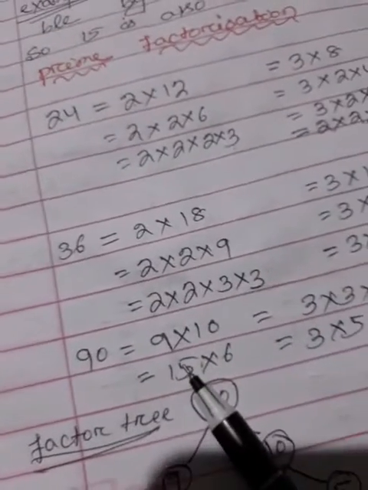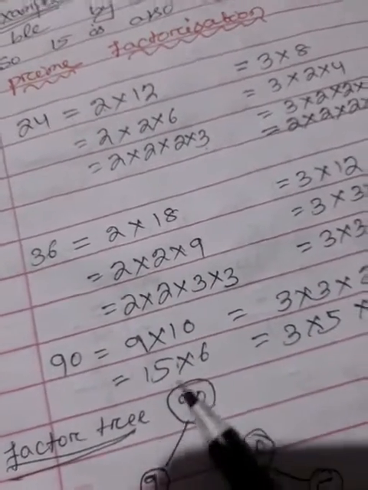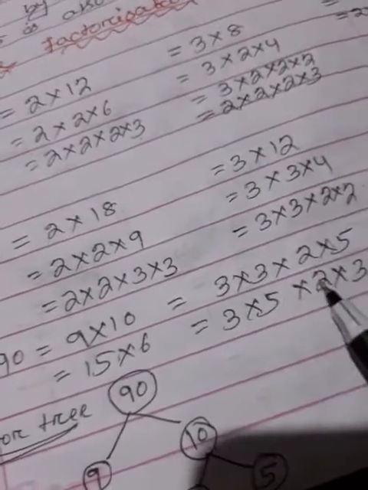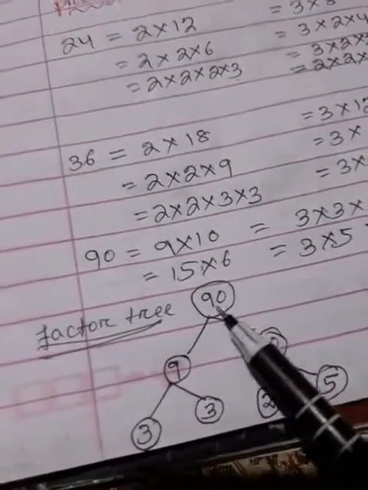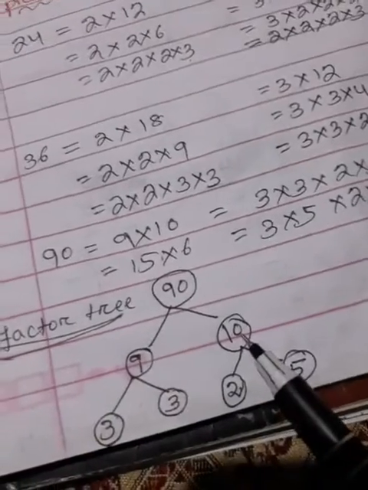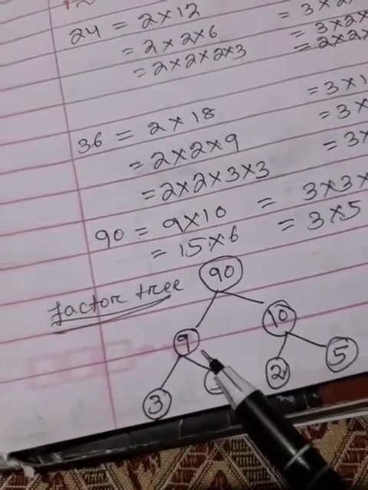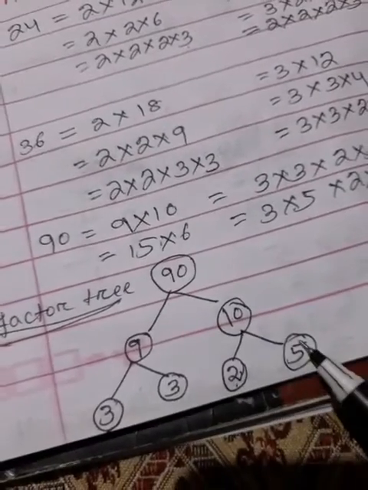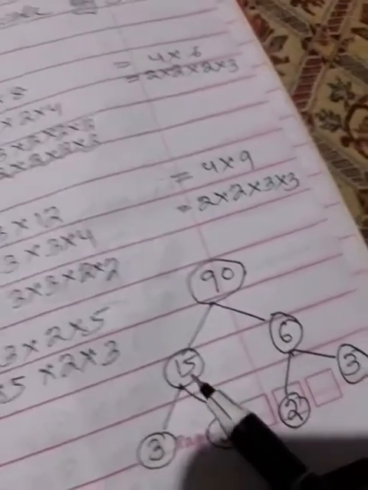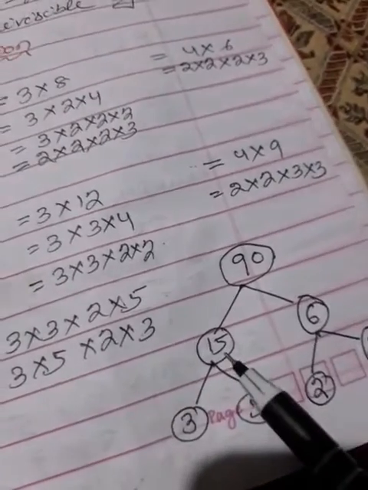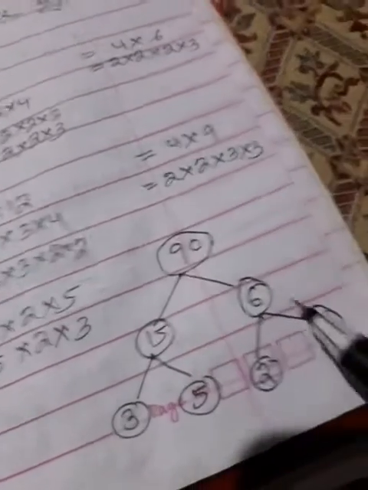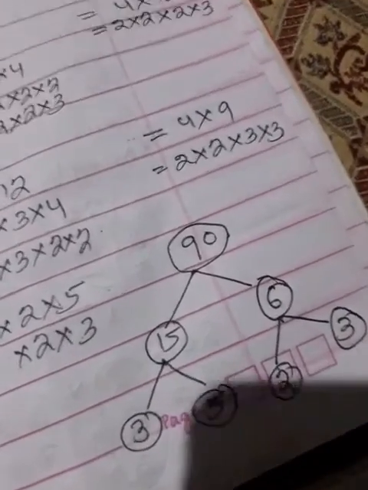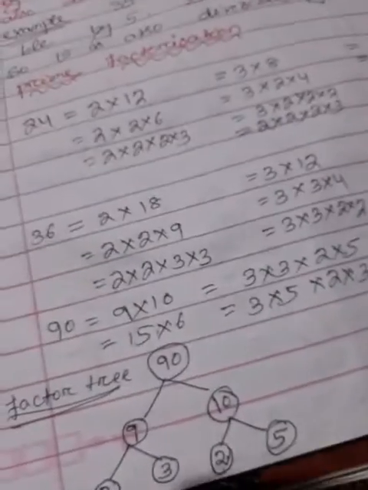We can also write 90 as 15 into 6. We can write 15 as 3 into 5, 6 as 2 into 3. This is a factor tree.